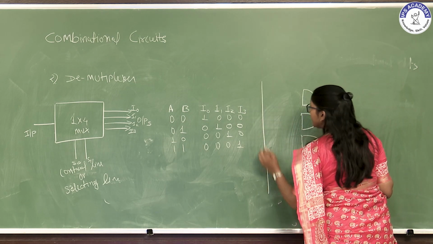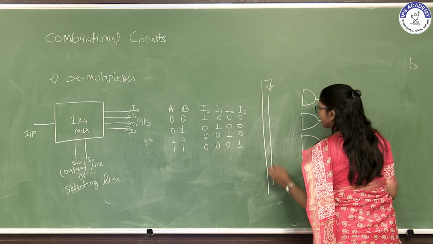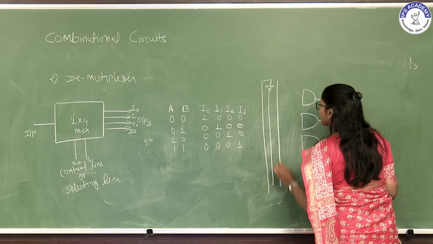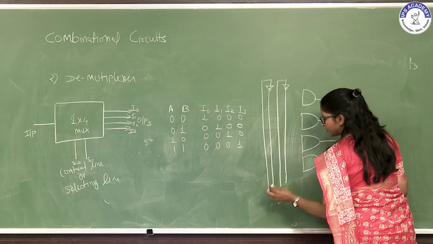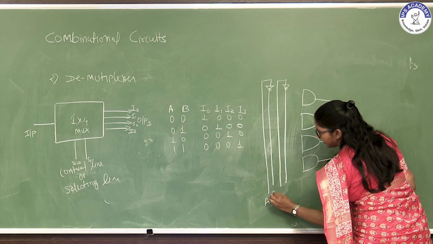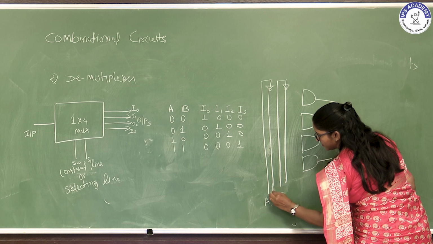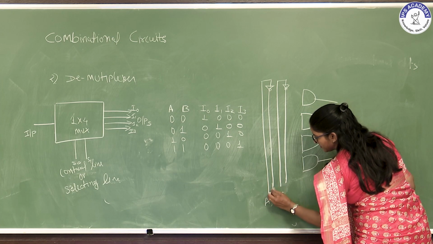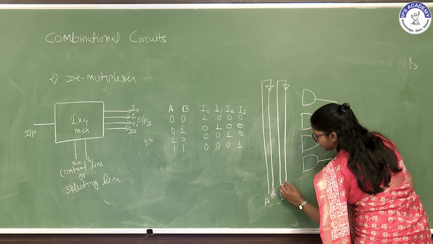Now the circuit diagram. Suppose this is A, this is A bar, this is B, and B bar.